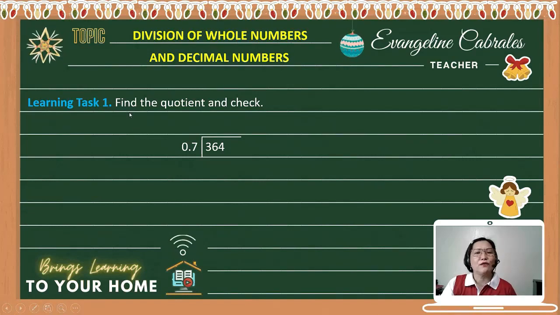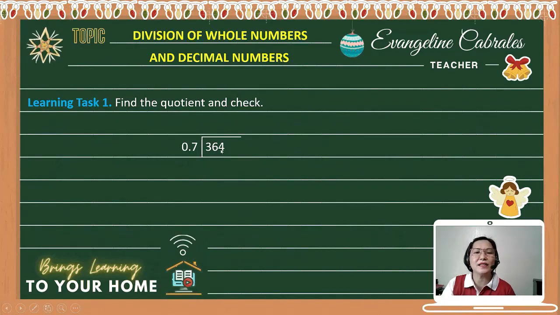It says, find the quotient and check. So, the given is 364 divided by 7/10. So, ano nga mangyayari sa divisor na 7/10? Iuusod ang decimal point to the rightmost. Dahil isa lang naman ang decimal place, automatic isang beses lang, kaya ang 7/10 ay magiging 7, tama?